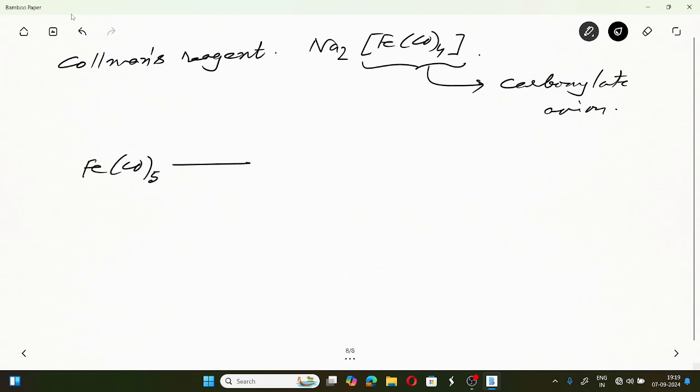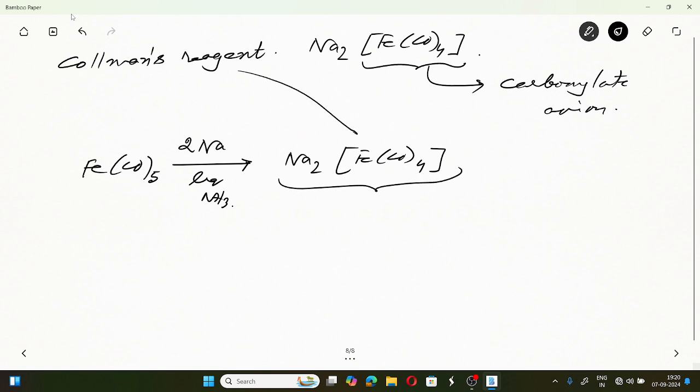See, when you treat FeCO5 with metallic sodium দিয়ে যখন ট্রিট করছো, in obviously liquid ammonia, sodium in liquid ammonia. So this is converted to Na2FeCO4. That means this FeCO4 2-. This is actually we are interested with this product only. তাহলে এই জিনিসটা তৈরি হচ্ছে, this is the Coleman's reagent.